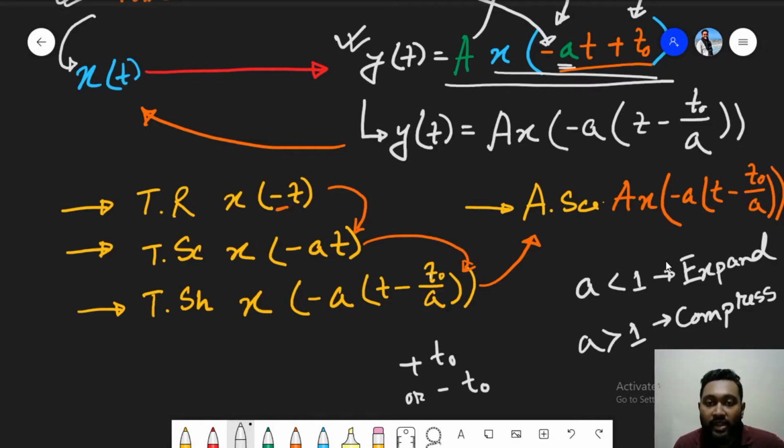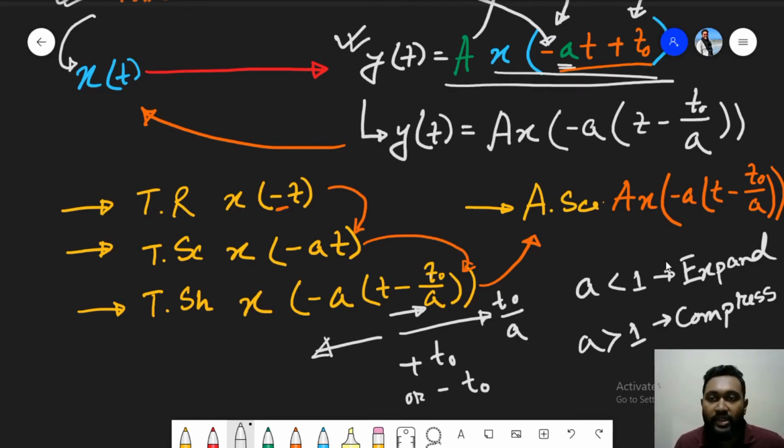So here, as we know already, if we have t minus t naught, then the shifting will happen to the right side. And if we happen to have t plus t naught by a, the shifting will happen to the left side. So as I have taken an example, our shifting for that example would be to the right side by t naught by a.